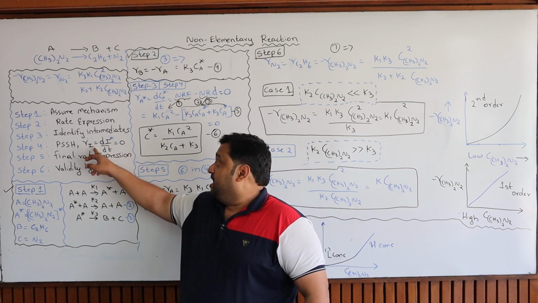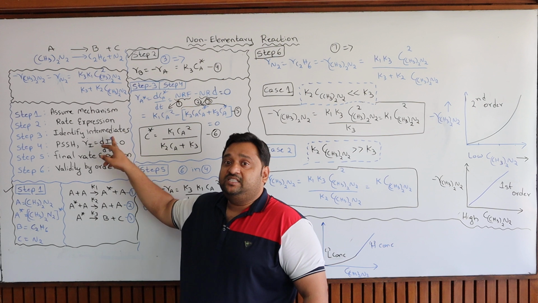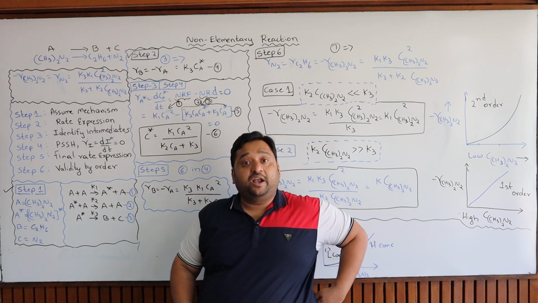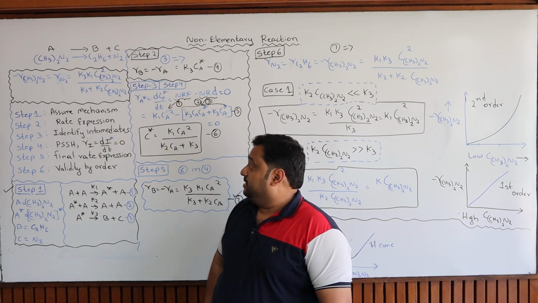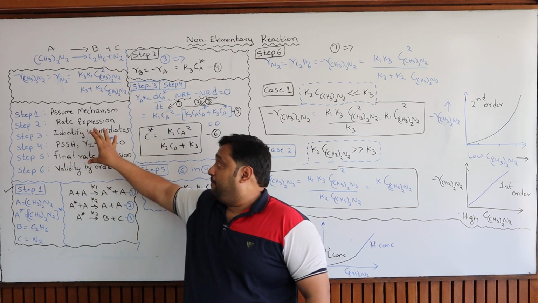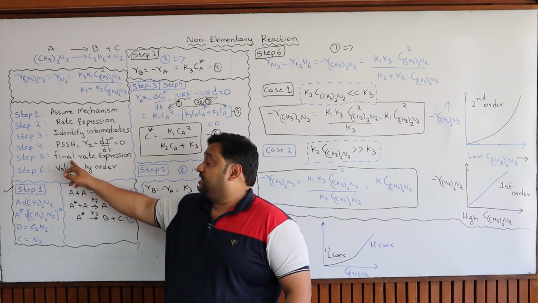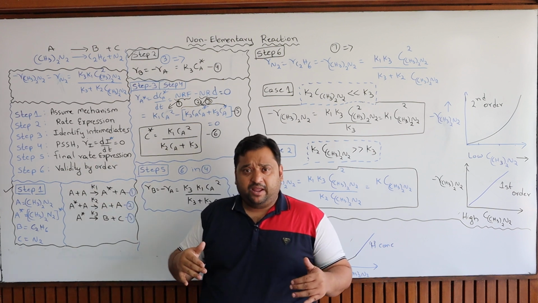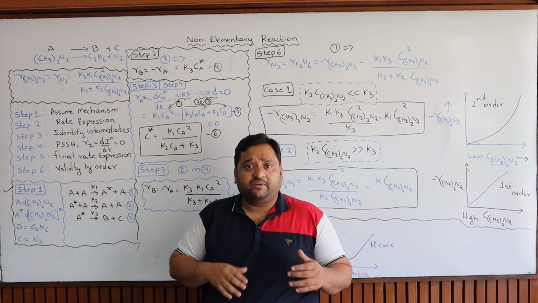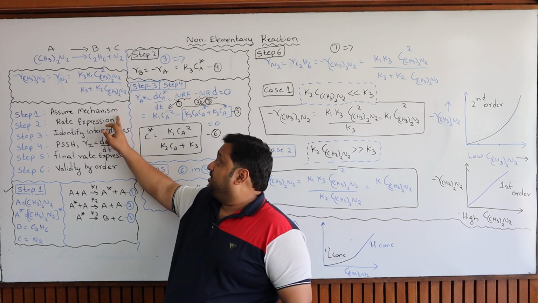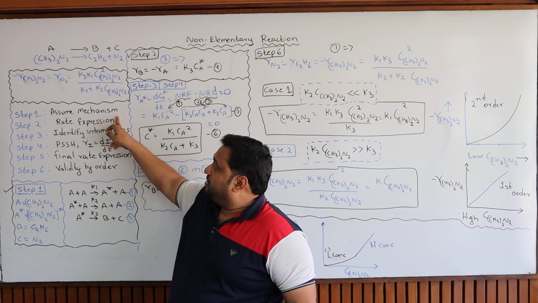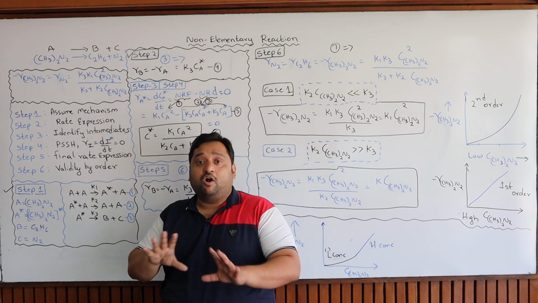That means the net rate of formation of the intermediate is equal to 0, as I explained in the last lecture. Step 5: once you apply it, you get some equations. Substitute those equations in the rate expression from the second step, and finally you get the rate expression.